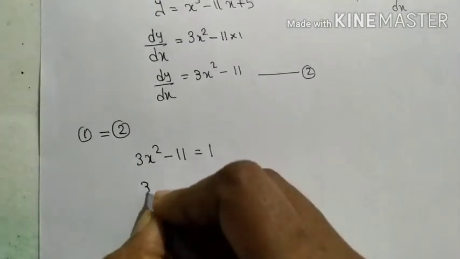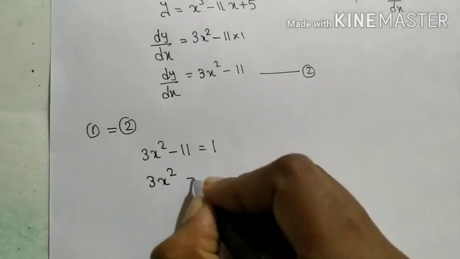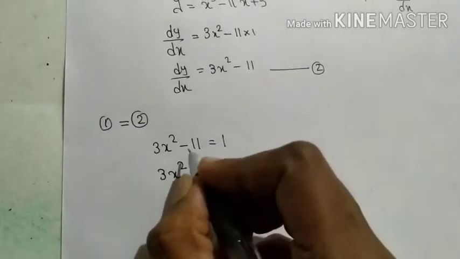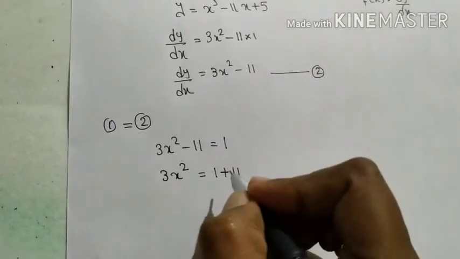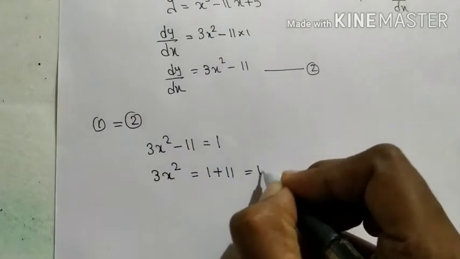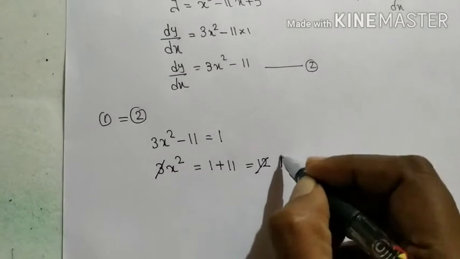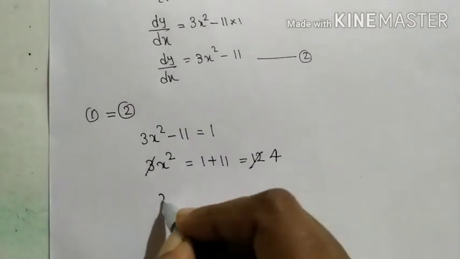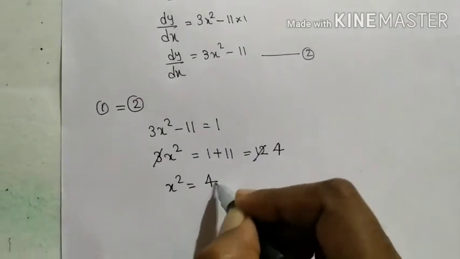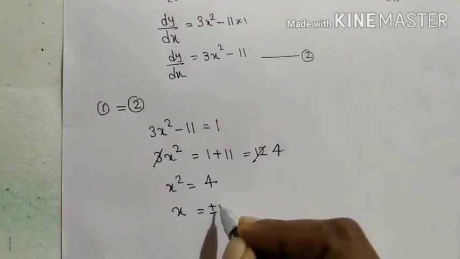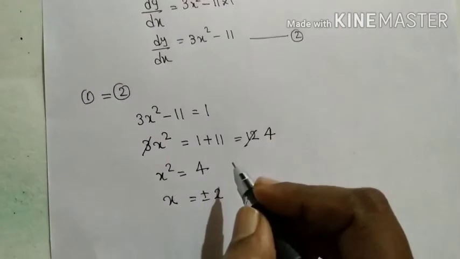So from this we get 3x square equal to 1 plus 11. Taking this minus 11 to RHS, this will become positive and this will be equal to 12, right? So, cancelling these 3, 4 into 3 is 12, right? So, we get x square is equal to 4 and taking square root on both sides, we get plus or minus 2. Root 4 is plus or minus 2.